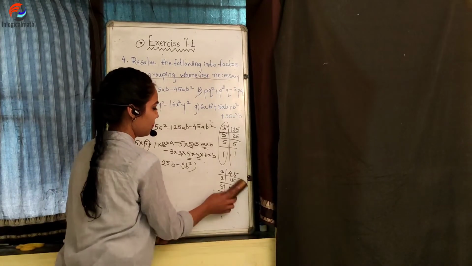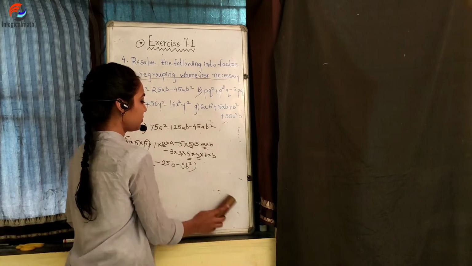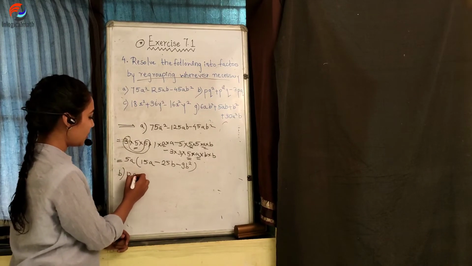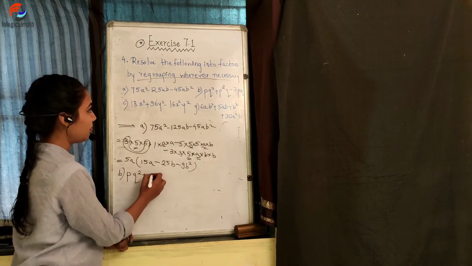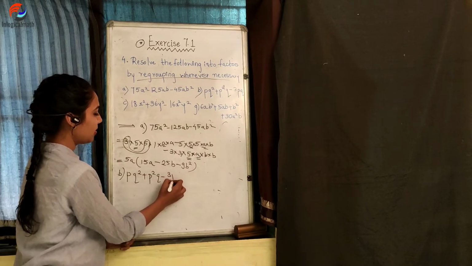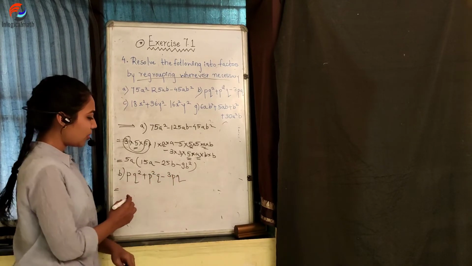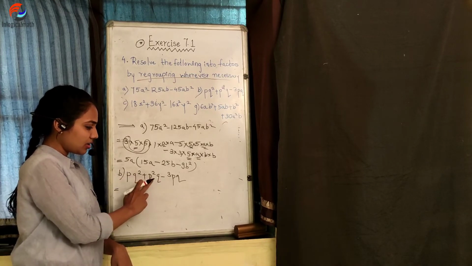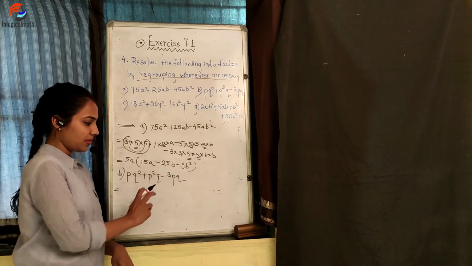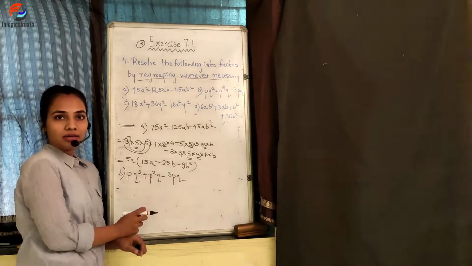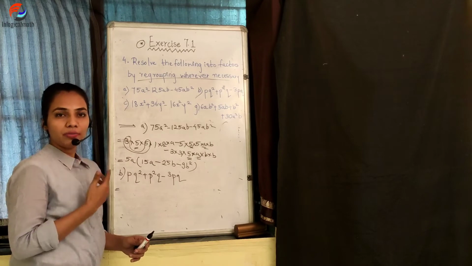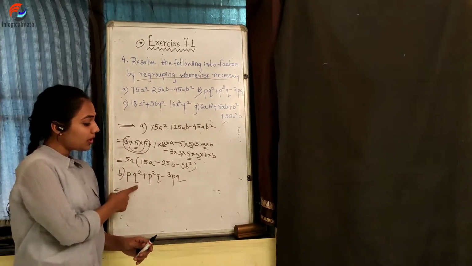Now go for B. B is what? PQ square plus P square Q minus 3PQ. So what is common in each term? P appears here, here, and here. In the second term P has 2 power, but forget about the power, P appears in each term.